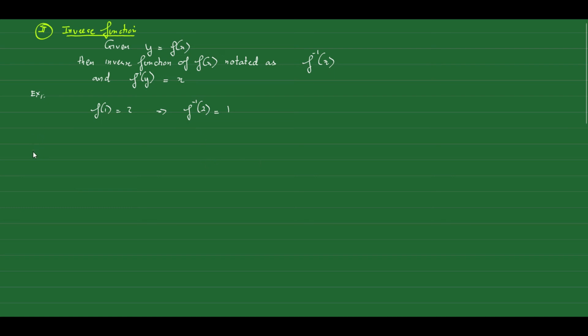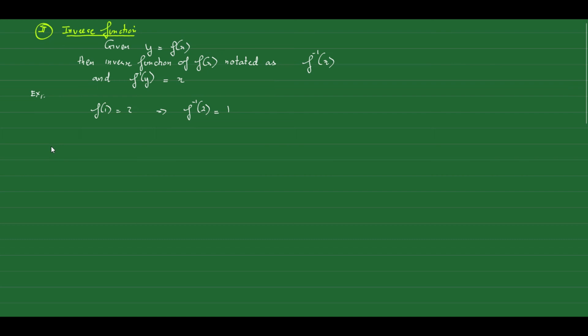Besides, we can also say that given one function f, and f is a one-to-one function, then we can name the inverse function as the function g. If we compose f to g and g to f and get x, then they are inverses of each other.